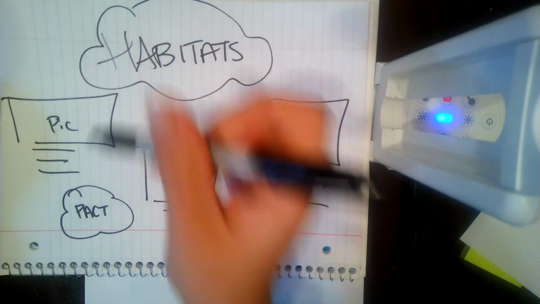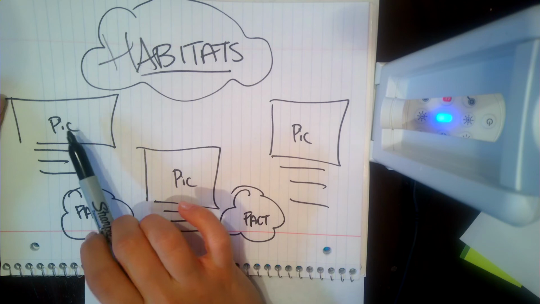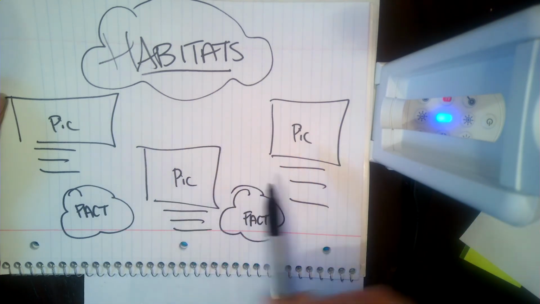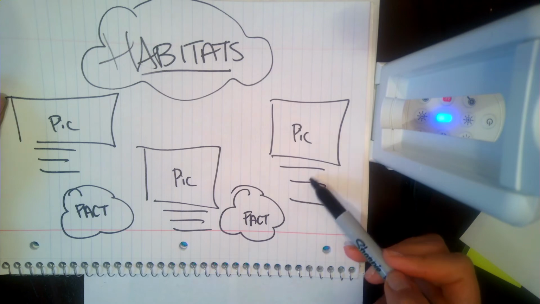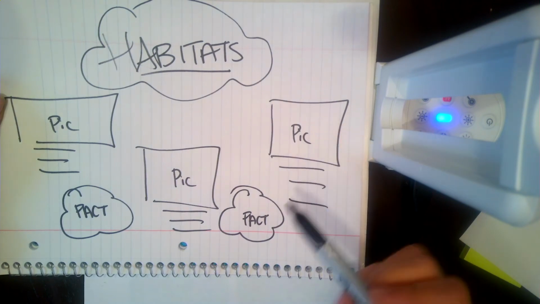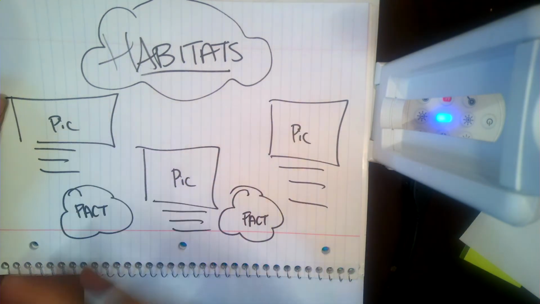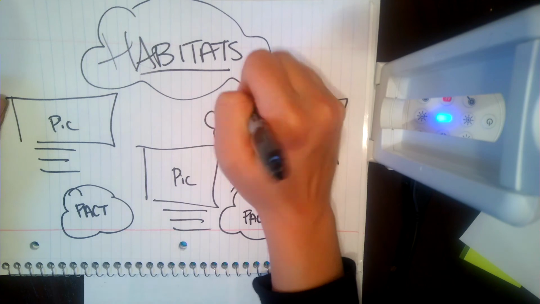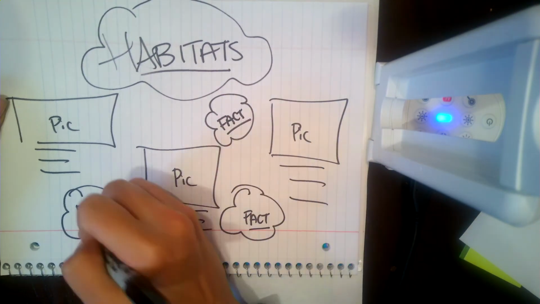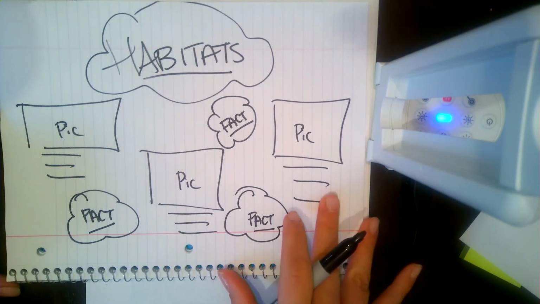So if let's say your chapter is all about habitats, you can put a picture of an animal in their habitat, different animals, and put where that animal is, what the habitat is, and a picture of the animal there. And what you could also do, so it's not just photos. If you want to talk about animals' habitats, you can have like these little boxes around it that have facts in them. And this is very appealing to the eye. People are going to want to see things like this.